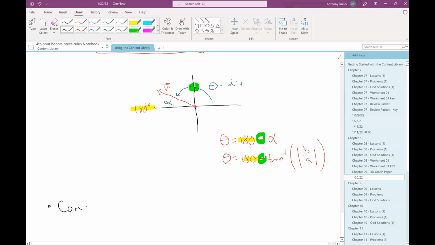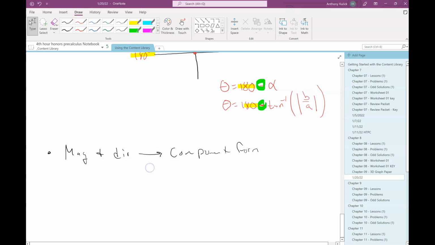And then let's go from magnitude and direction to component form. So let's say we have some vector v, where the magnitude we're just going to write with the vertical bar notation, and I'm going to call the direction theta.